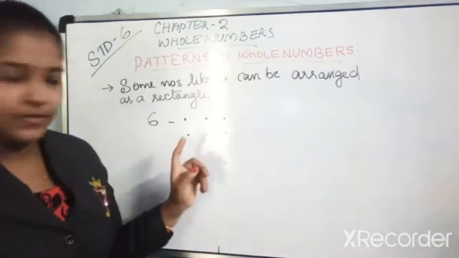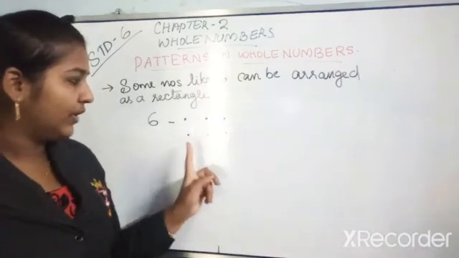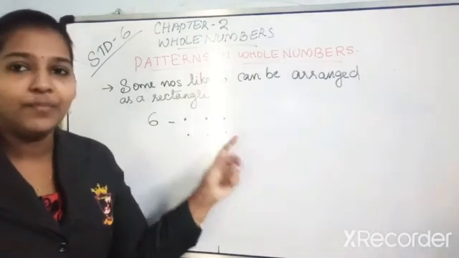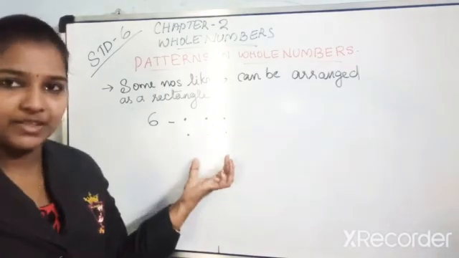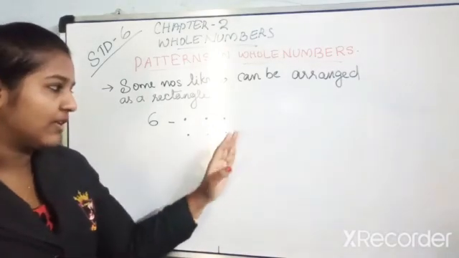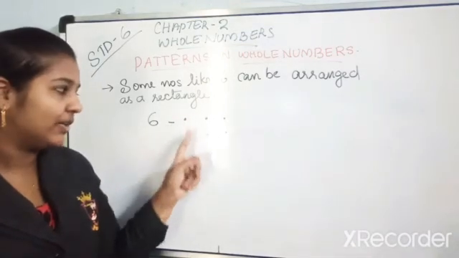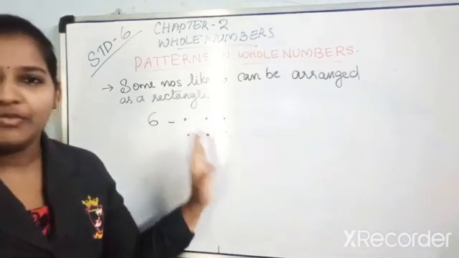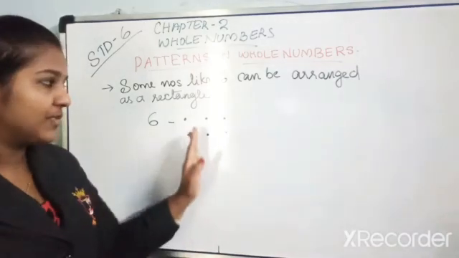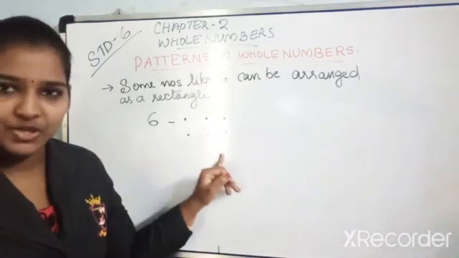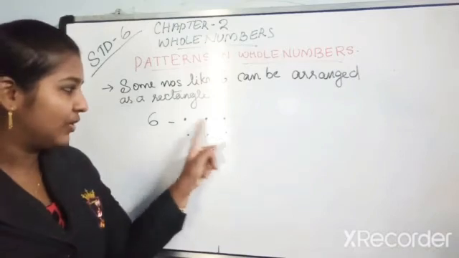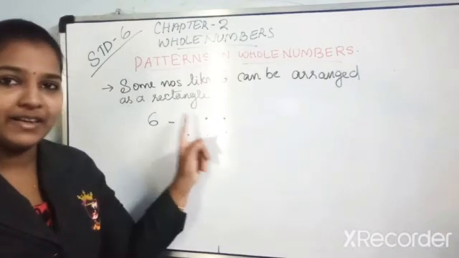Here, first 1, 2, 3, 4, 5, 6. Arranging like this using dots, we can arrange the number 6 like this. Now it is 1, 2, 3, 4, 5, 6. 6 dots are here, and this looks like a rectangle.